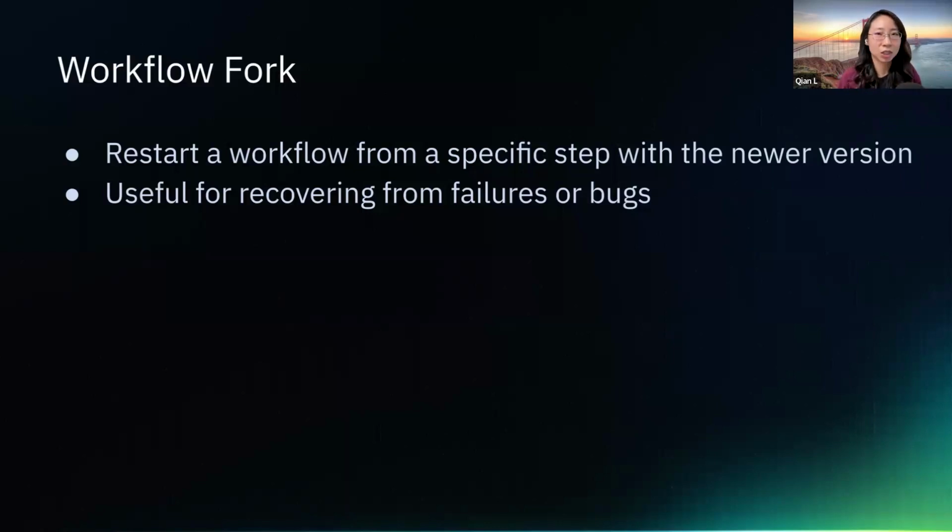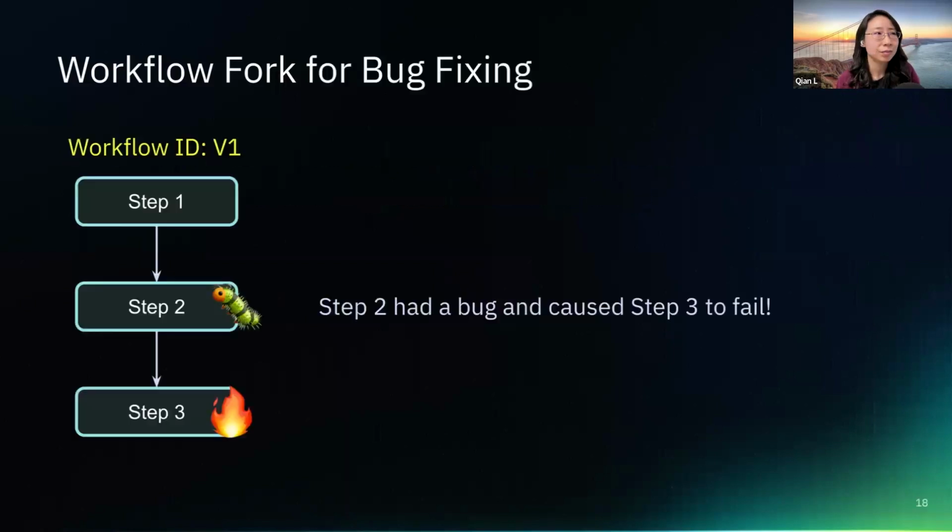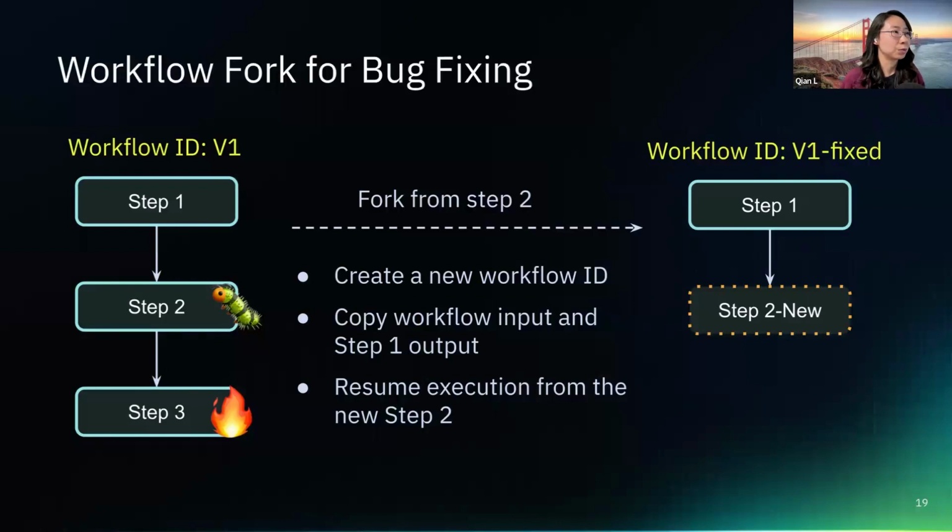Let me show you a concrete example of how you can recover from failure. This is a workflow that contains 3 steps, and unfortunately, step 2 had a bug and caused step 3 to fail. So it's a cascading failure. Now you want to fix the bug and have this workflow succeed. What we're going to do is fork from step 2.